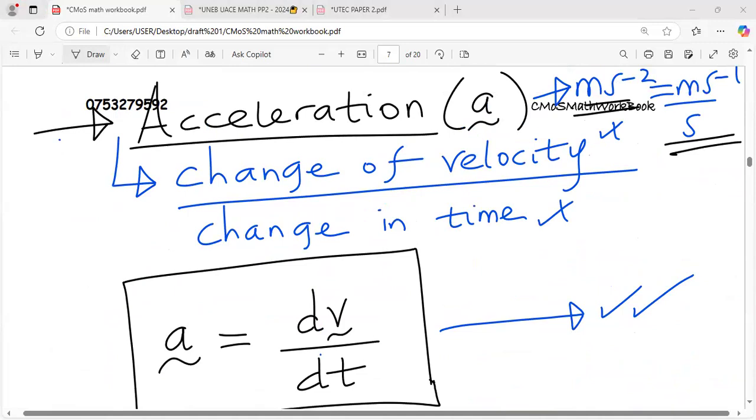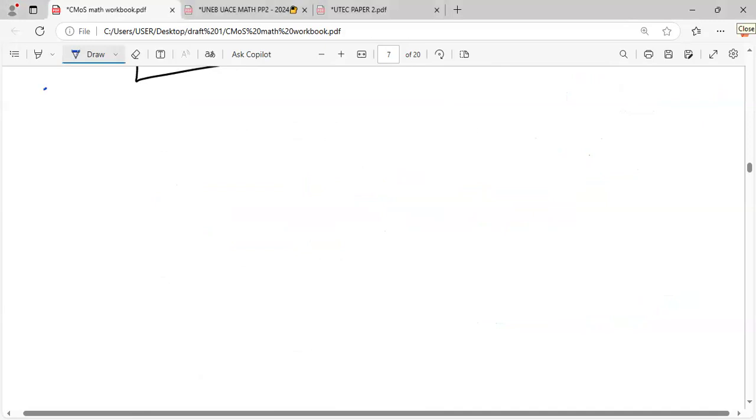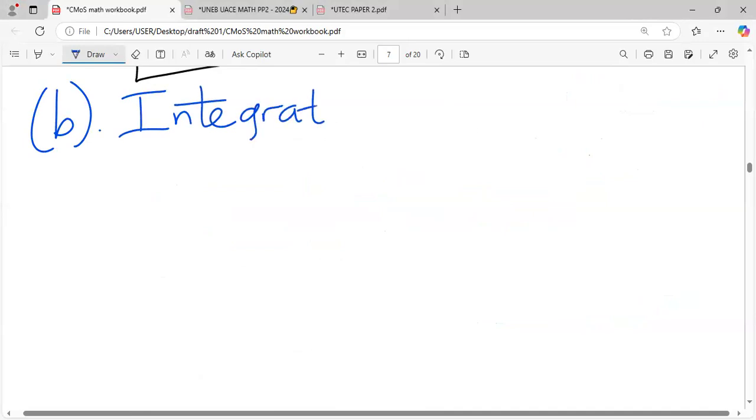I think now I can talk about the integration bit of it. If you didn't attend the lessons of integration, this part is going to be hard for you. We're now going to part B, the integration. I know someone has been following, but now they are seeing part B integration and wondering what I mean.